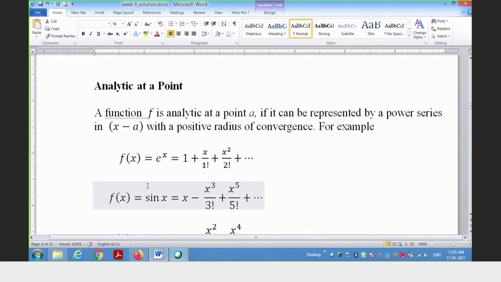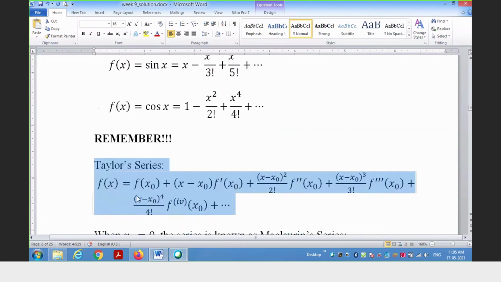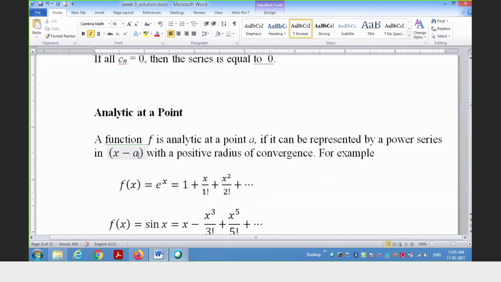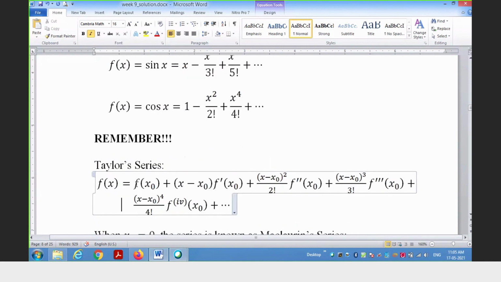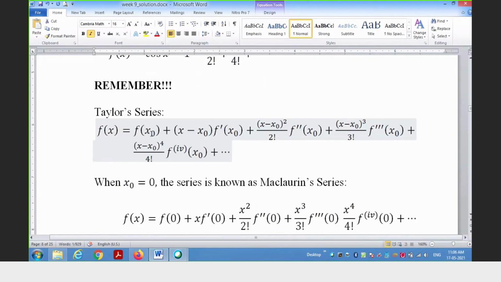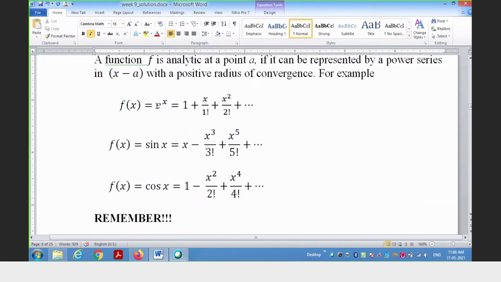How to get this? From here. So what is f of x naught? In this case, x equal to 0. So f of 0, where f of x equal to e to the x. f of 0 equals e to the 0, which is 1, and that's why you have 1 there. Using this, and then x minus 0 means x. What is f prime of 0? When f of x equals e to the x, f prime of x equals e to the x.